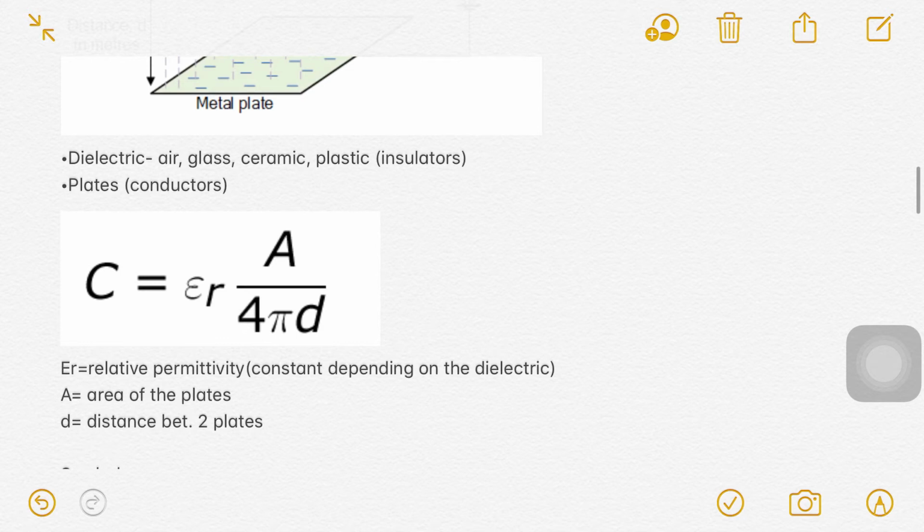And since inversely proportional siya sa distance, the more na pinaglalapit natin itong two plates na to, the more na lumalaki yung capacitance. Kabaliktaran naman pag pinaglayo natin, liliit yung capacitance. So that's the relationship between capacitance, its surface area, and the distance between these two plates. Okay?